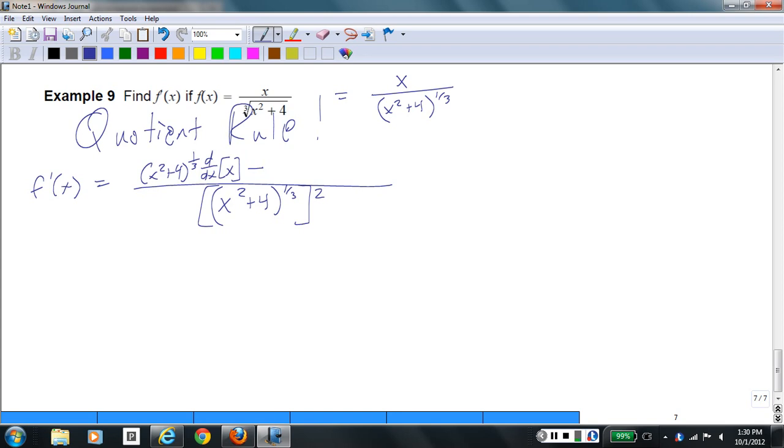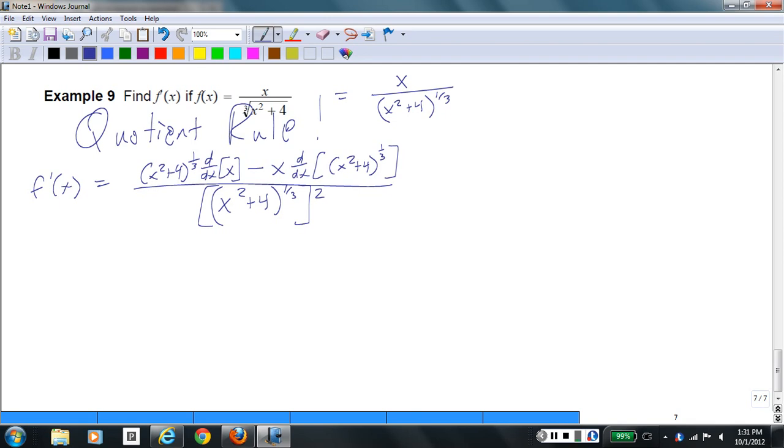And then we subtract the numerator times the derivative of the denominator. That's the framework. That's the quotient rule.